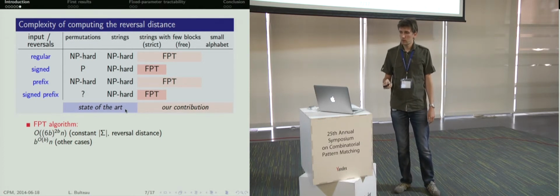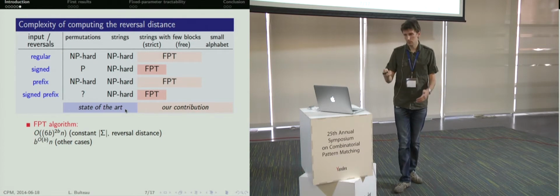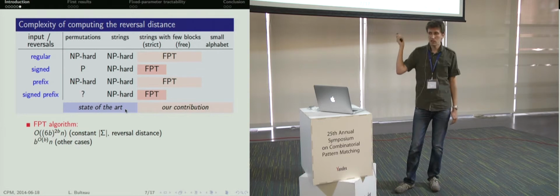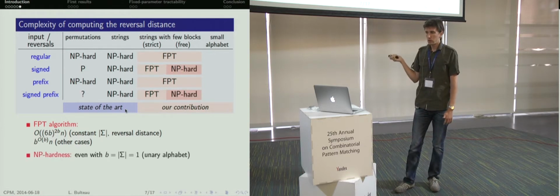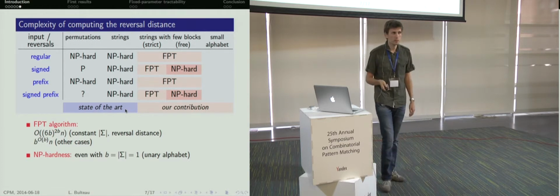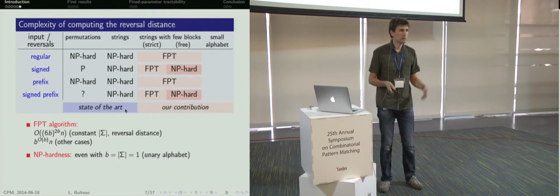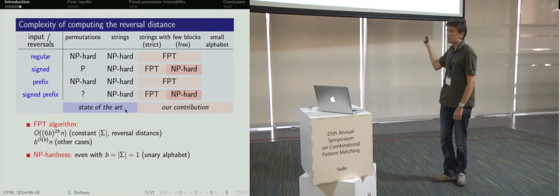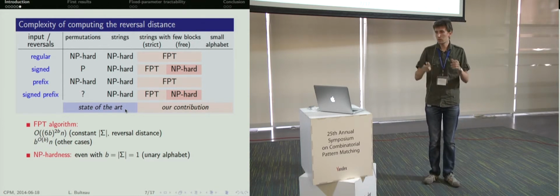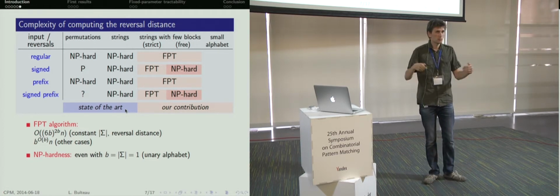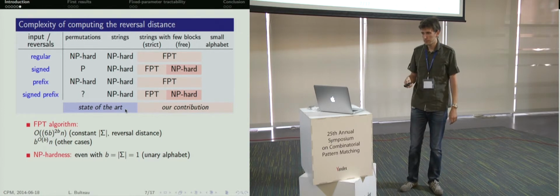With the strictest definition, the FPT algorithm still extends to the signed case. But if we allow the free definition of blocks, then it's NP-hard even for one block. That is, even on strings with a unary alphabet, if only we play with the signs plus, minus, then it's NP-hard to compute the reversal distance.